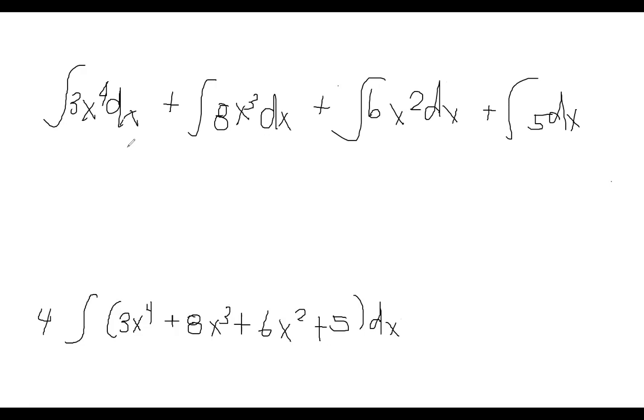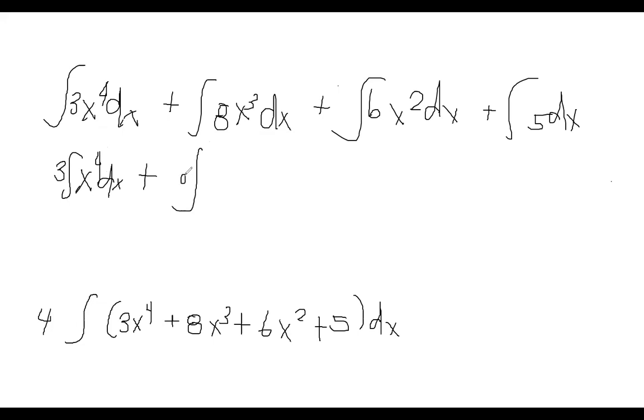Again, following the same property and the same formulas given earlier, we'll just apply these here. For this, we have 3 as the constant, so we can remove that outside the integral symbol and simply integrate x to the power of 4 dx.